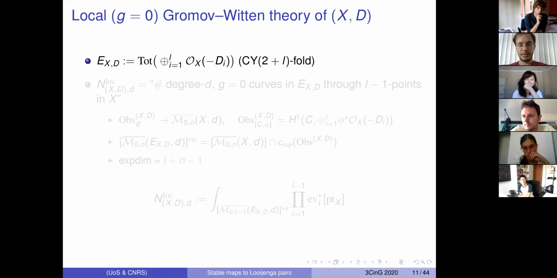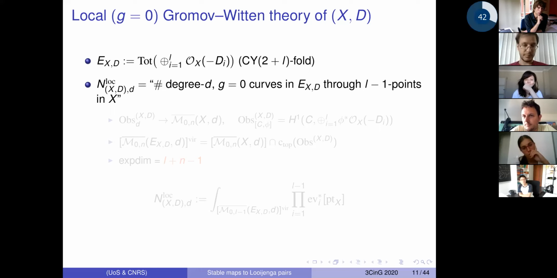And ideally, I would like to compute curve counting invariants, counting degree D rational curves in this total space, subject to L-1 point conditions on the zero section, the surface.